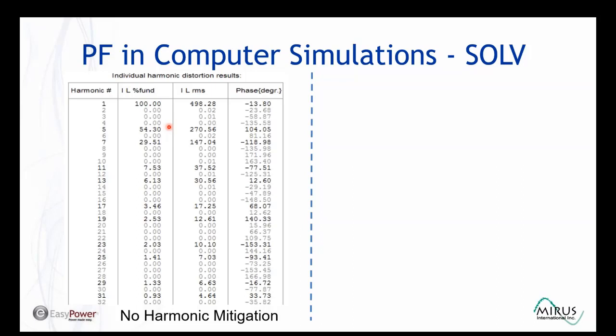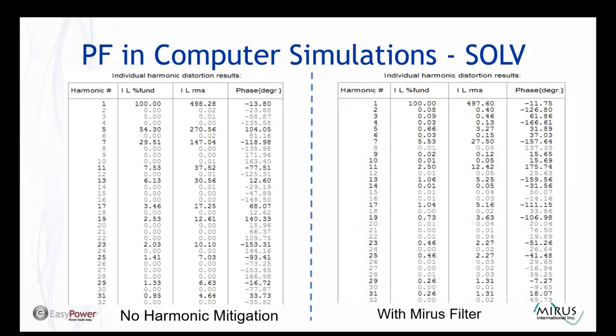This is the current harmonic spectrum shown as a percent of fundamental, also an RMS value, and the phase angle of each of the harmonics. So you can see the predominant harmonics here are fifth at 54%, 270 amps. Seventh is just under 30%, or 147 amps, and so on.